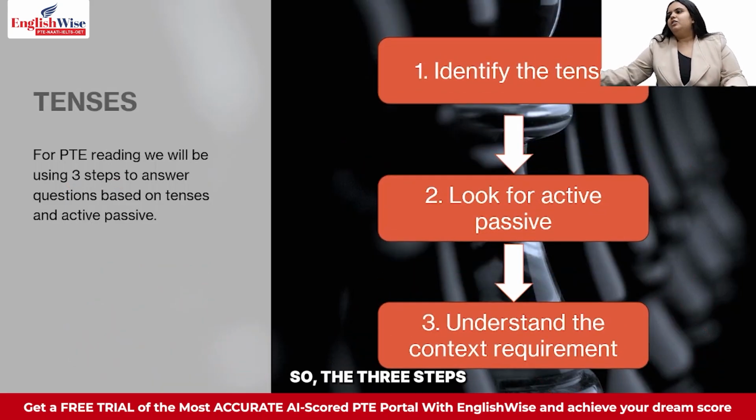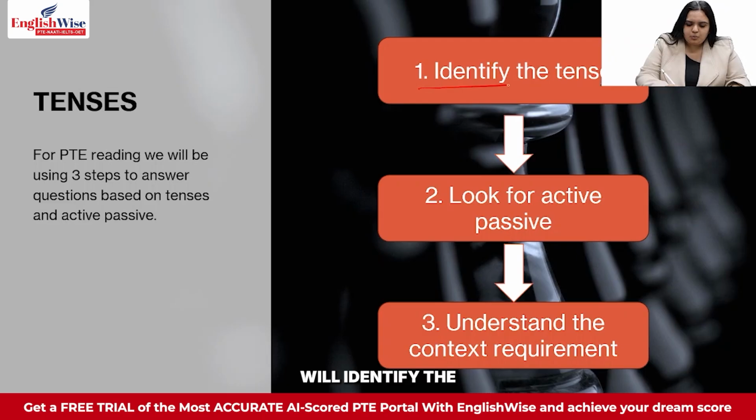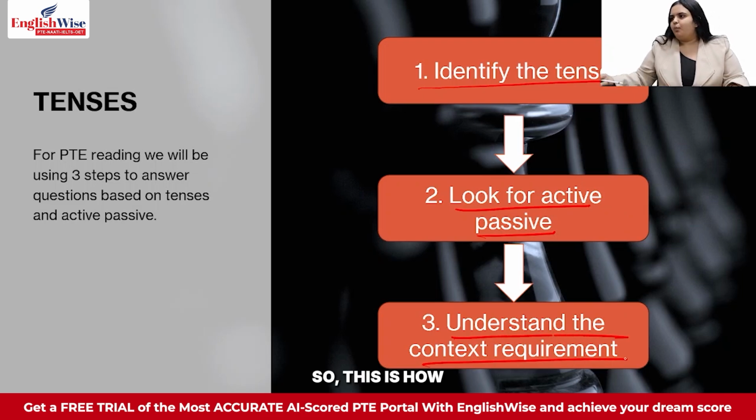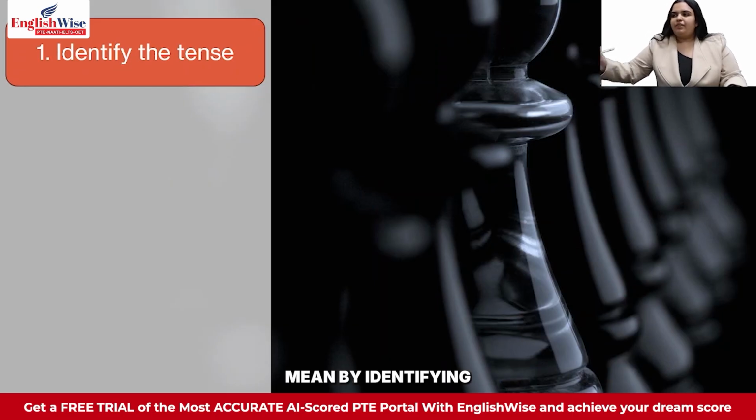Okay, so the 3 steps that we use for your tenses are, first of all, you will identify the tense. Okay, then you will look for active passive voice, and lastly you will understand the context requirement. So this is how we will go with your tenses. Okay, so what do I mean by identifying the tense?